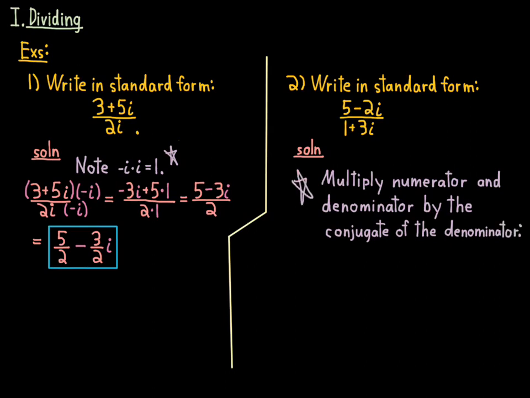Okay, so that should sound familiar. In this case, it's a complex conjugate. So that's a complex conjugate, right? 1 minus 3i times 1 plus 3i. And remember what that denominator will be. It will be the real part squared plus the imaginary part squared. The imaginary part is 3.